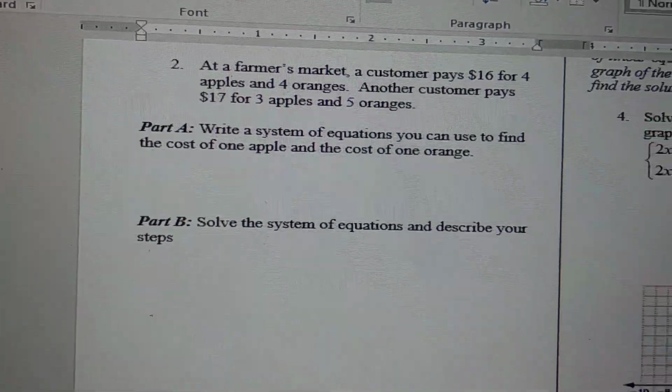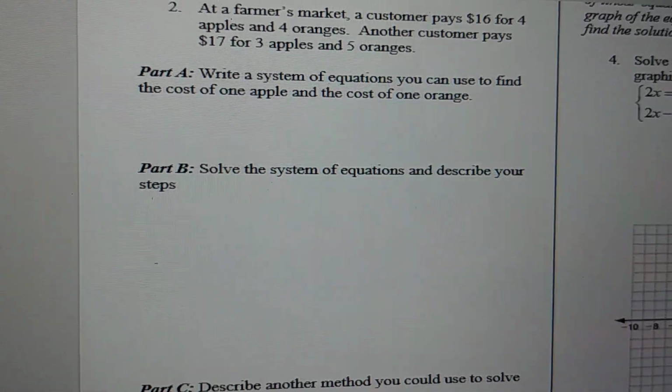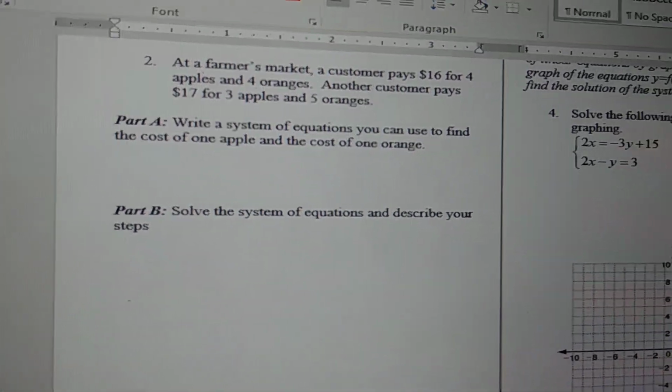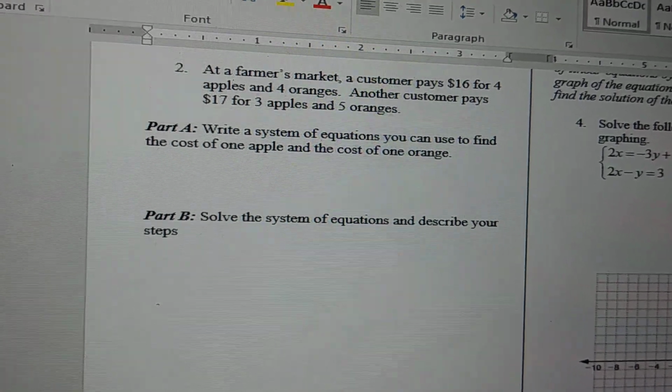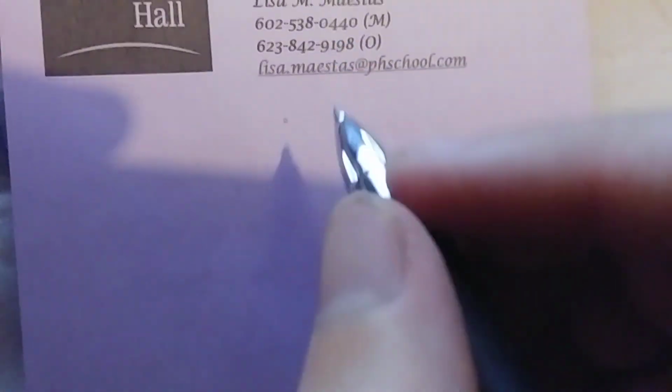So part A says write a system of equations you can use to find the cost of 1 apple and the cost of 1 orange. All right. So I'm going to go to my paper and show you how this should look. Okay, so we have at a farmer's market, a customer pays $16.